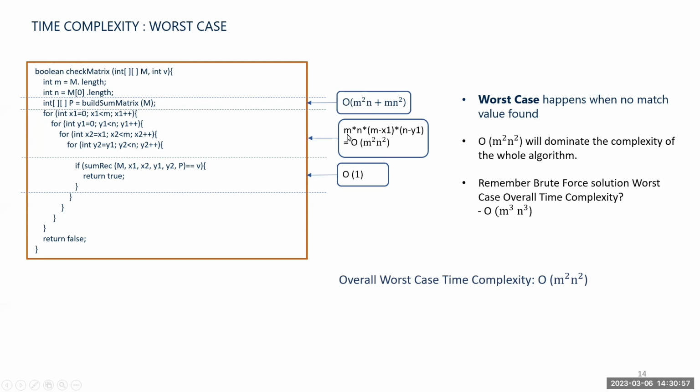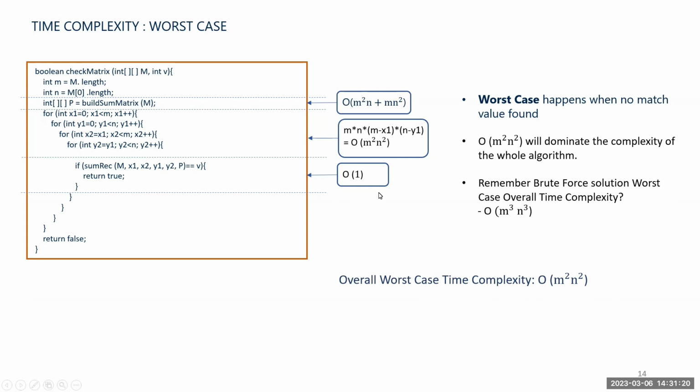Total loops: m times n times (m minus x1) times (n minus y1). It's all O(m squared n squared), and each iteration takes O(1).